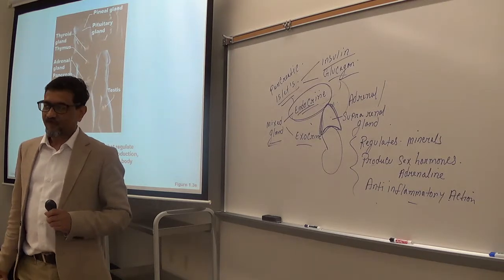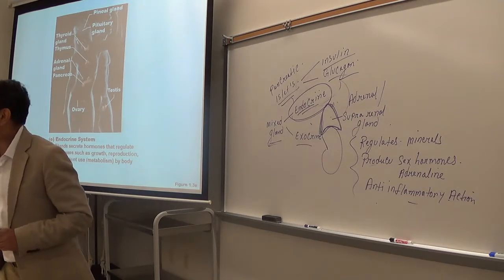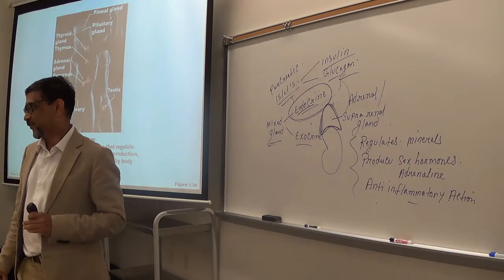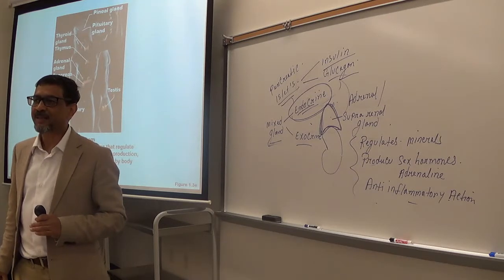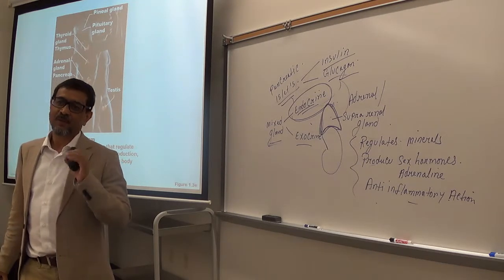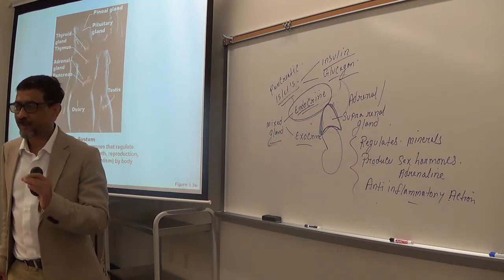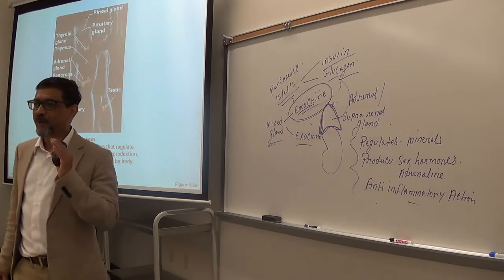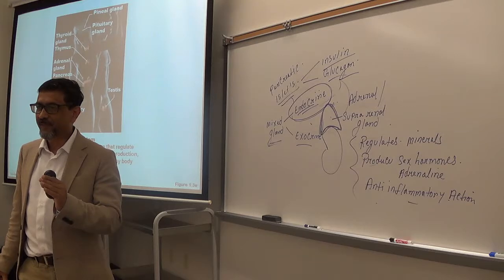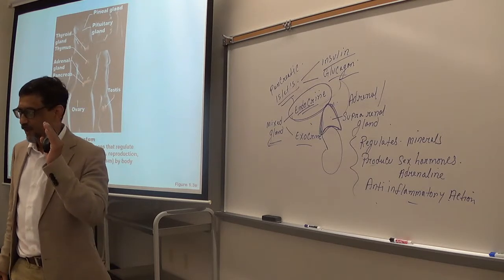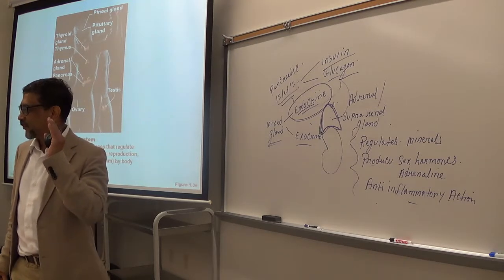Gonads. Gonads are testes and what? Ovaries. Gonads are testes and ovaries. Male gonads are what? Testes. And female gonads? Ovaries. How many testes? Okay, good. How many ovaries? Okay.